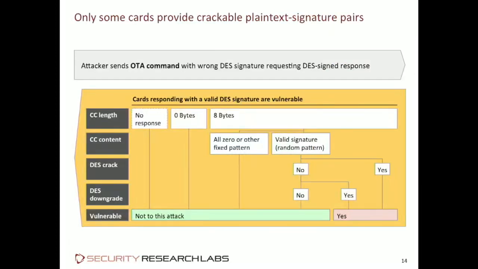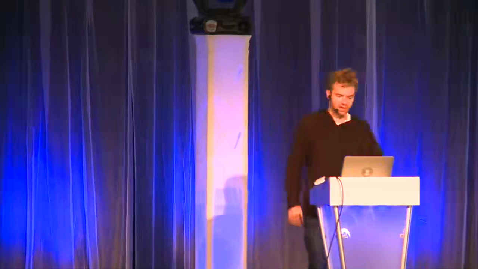So to summarize this first part, cards are affected when they're responding to a wrong signature with a cryptographic signature, not just zeros in the signature field, but an actually valid signature. If they are using DES, then they're affected directly, or when they're prone to this downgrade attack, then they're affected a little less severely, because somebody would have to go through 2 brute force cycles instead of just computing a rainbow table.